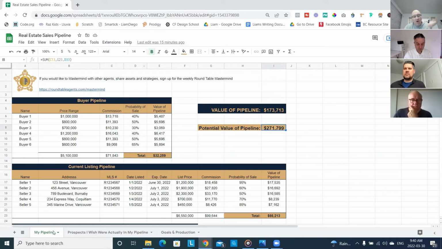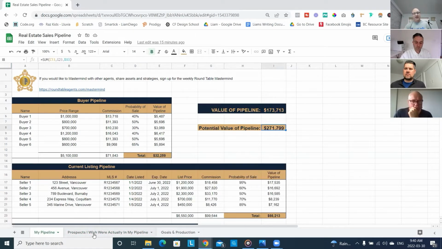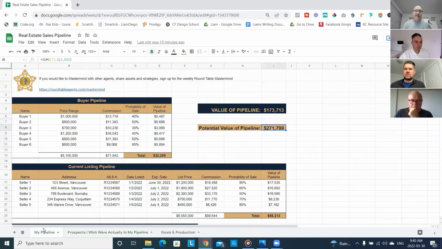So when we go on to the next tab here, prospects I wish were in my pipeline. Depending on where you are in your business, I say that you choose a probability of sale, and when it exceeds that number is when it moves over to your pipeline. So if you're new in the business and you're not that busy, your threshold might be when it crosses 50%, it moves on to your actual pipeline.